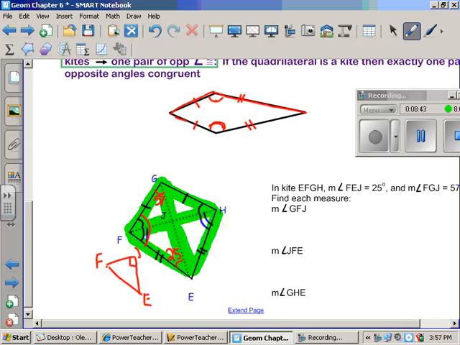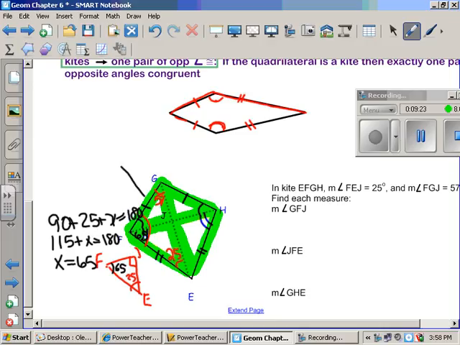I know that this is a right angle. I know this is 25. So to find this missing angle here, I would say 90 and 25, and the missing angle gives me 180, because I know the interior angles of a triangle are 180. So 115 plus x equals 180. Subtract 115 from both sides, and I get x is 65. So I know this angle is 65 here.